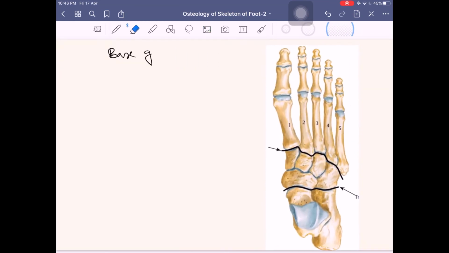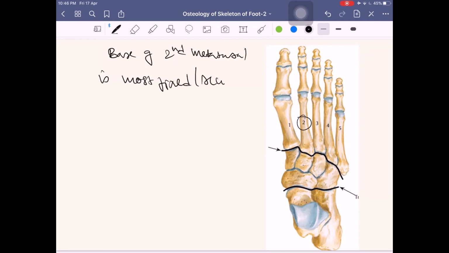Now something interesting here is the base of your second metatarsal. The interesting thing is the base of the second metatarsal is most fixed. It is very stable, most fixed or secured.